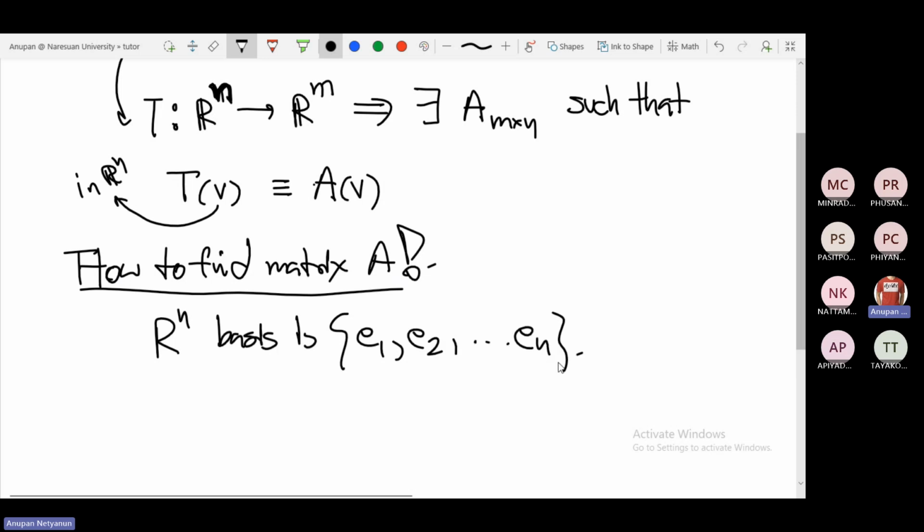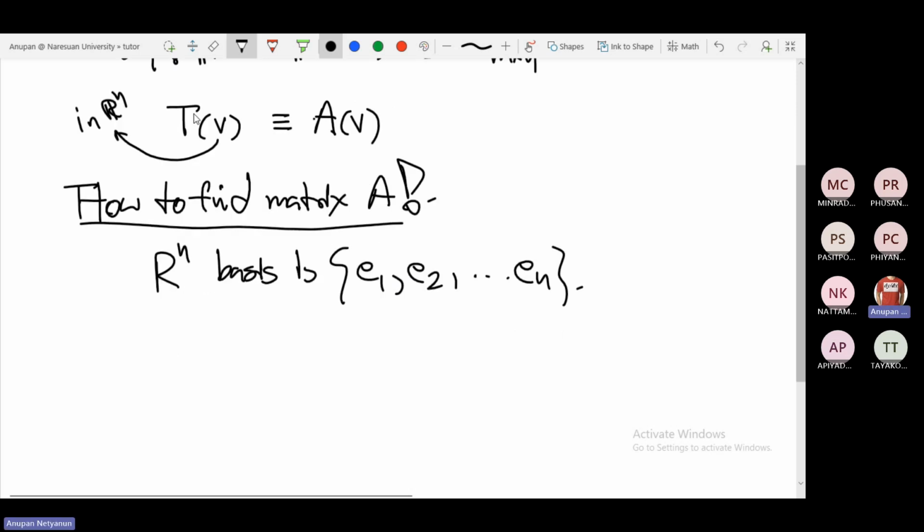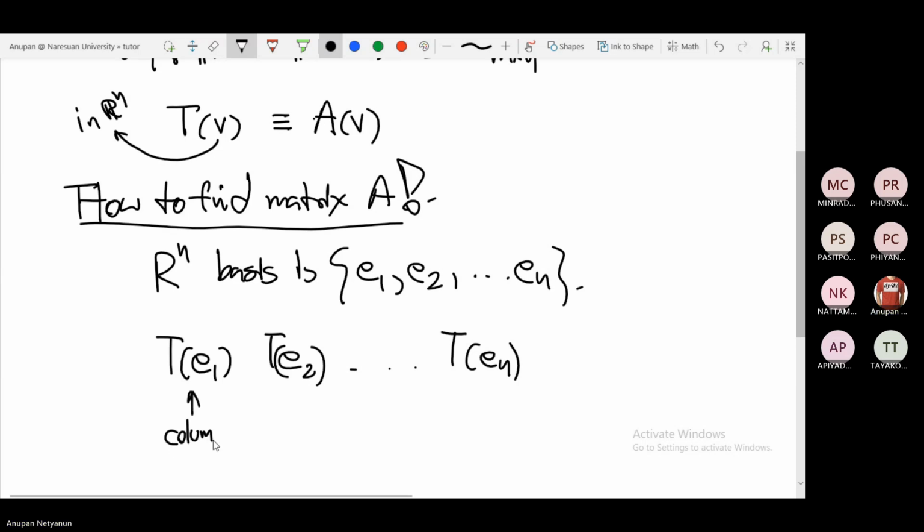What we do is we apply T to each element in the basis. Let's say you apply T to E1, T to E2, and so on up to T to En, and then you write it as column vectors.